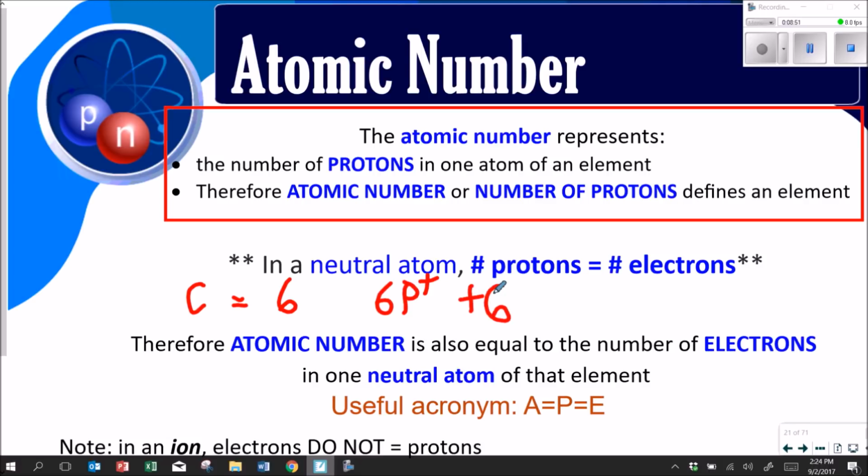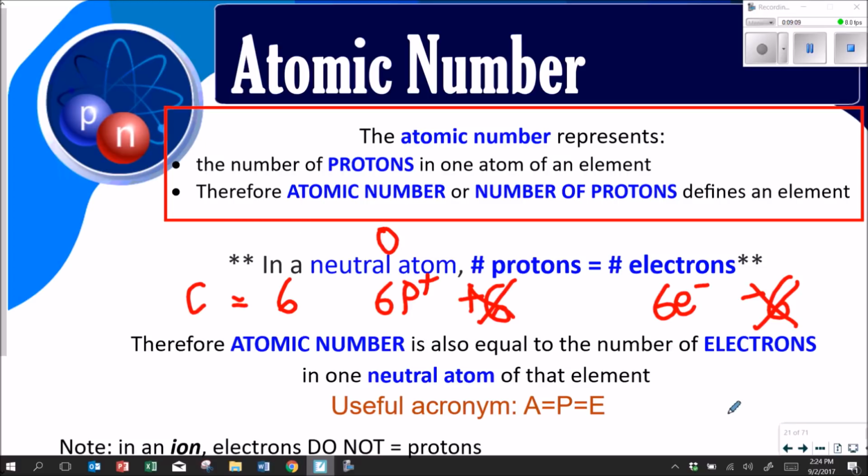So carbon has to also have 6 electrons with a total negative charge of -6, so that the +6 and the -6 cancel each other, and we end up with a neutral atom with a charge of 0.